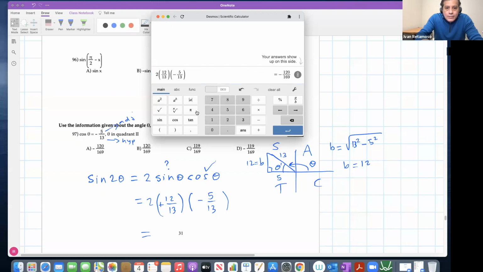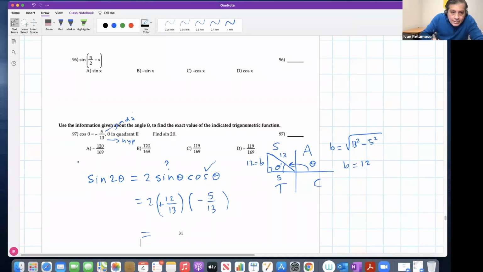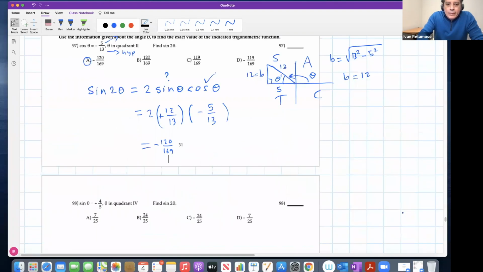It's minus 120 over 169, okay? You will get by default this result in decimal, but click here, convert it to fraction, and then this is the one, right? So it's minus 120 over 169. Great.